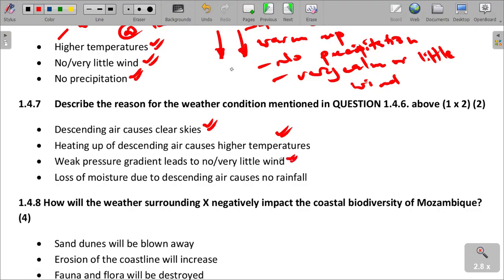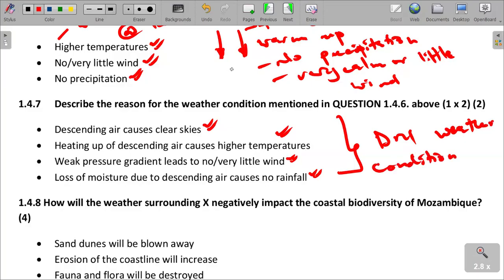Again, loss of moisture due to descending air causes no rainfall. When the air is descending, this results in dry weather conditions.